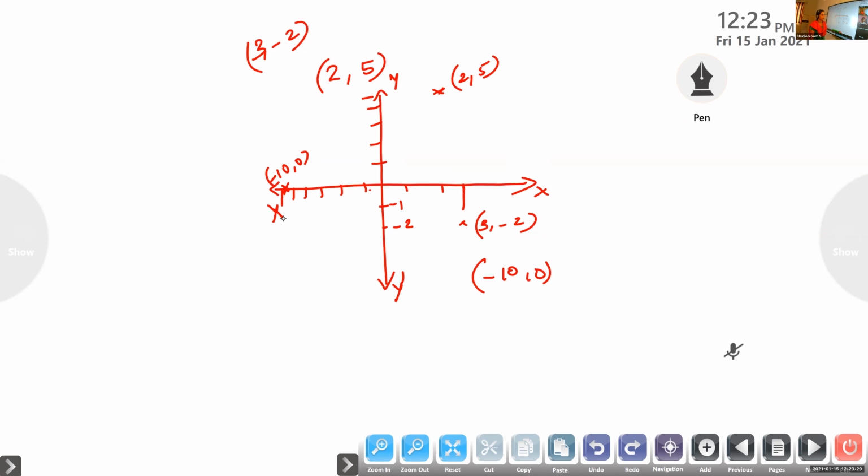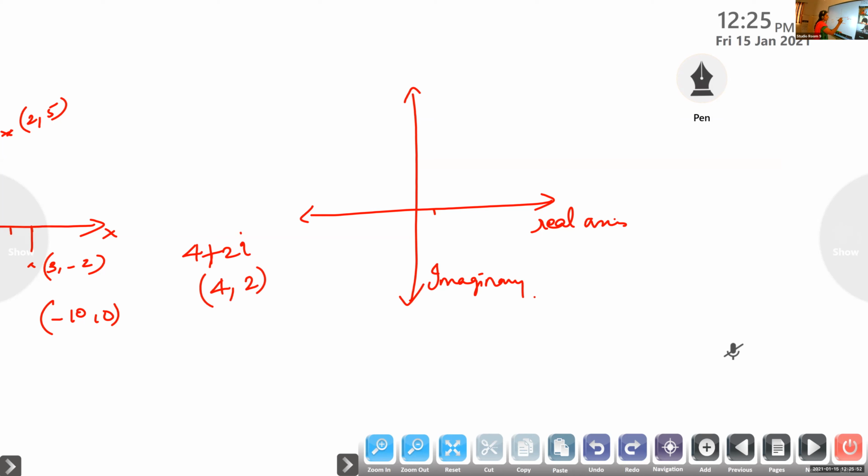Suppose I want to locate the point (4, 2), that is 4 plus 2i. Consider the complex number 4 plus 2i. The real part is 4 and the imaginary part is 2. So you mark 4 units here. So this is the point 4 plus 2i.